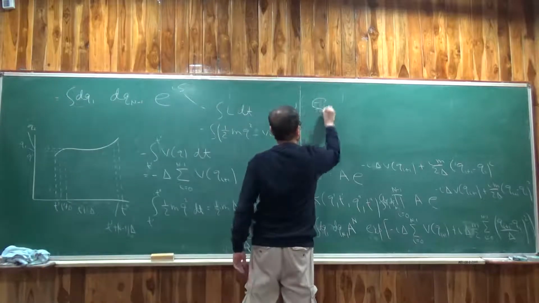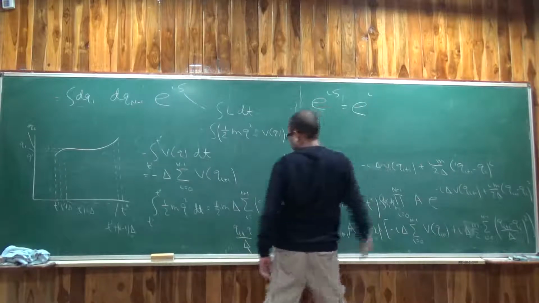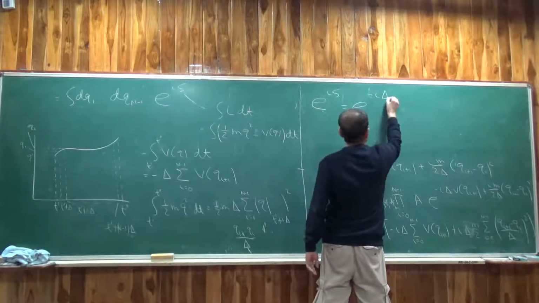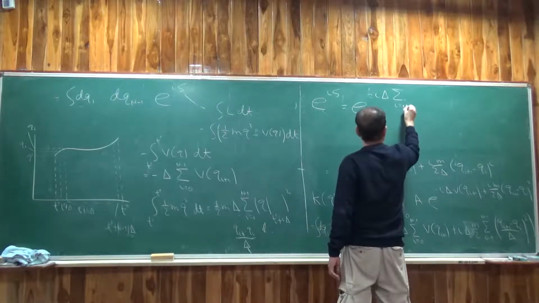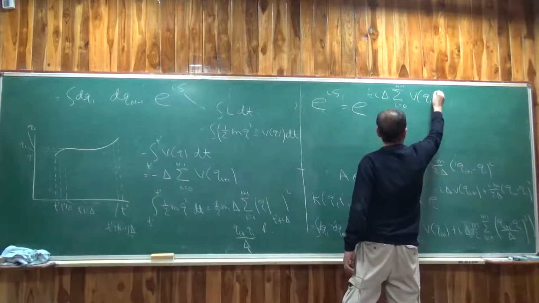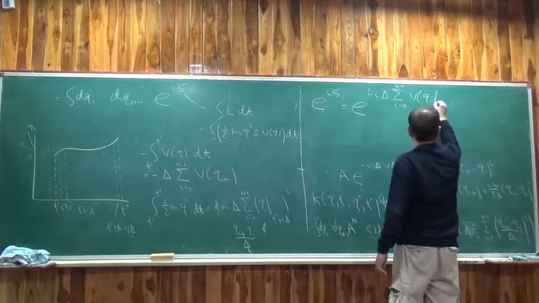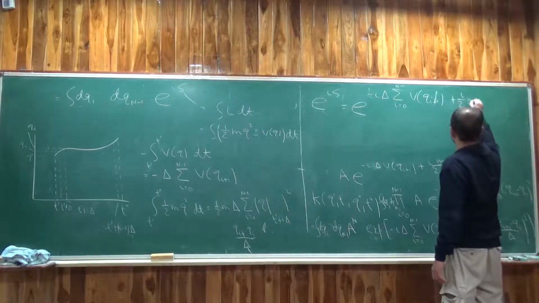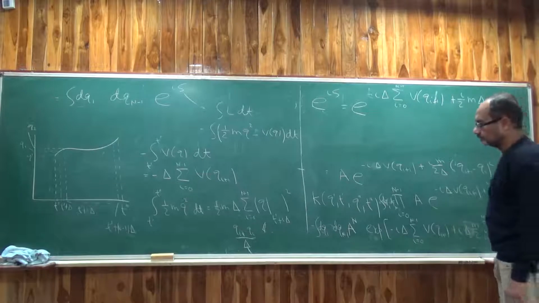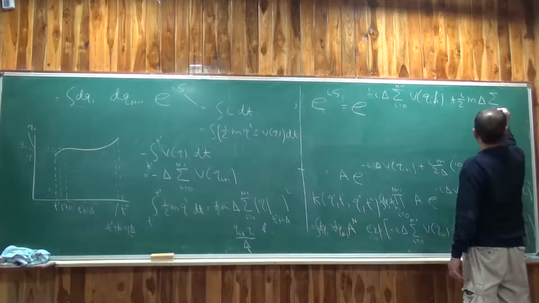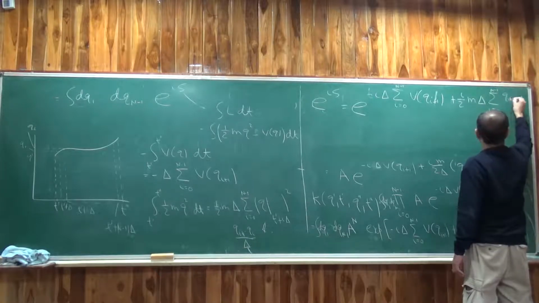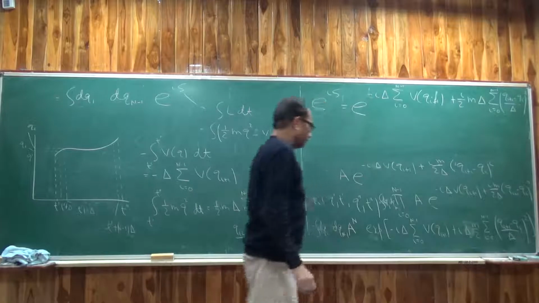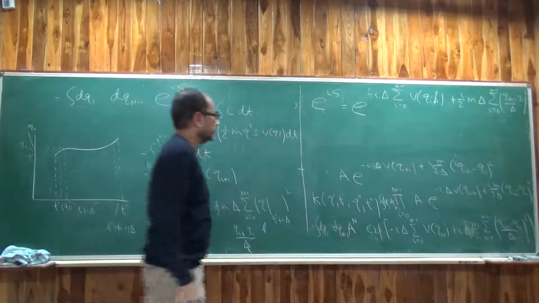So e to the is is e to the I. First you have this one, so it's minus I delta, plus I by 2, and this is exactly what we have here.